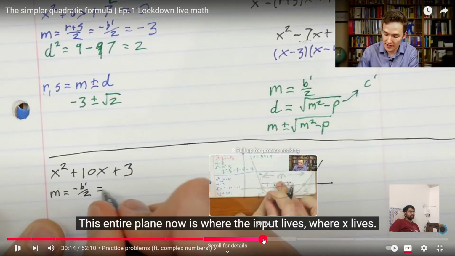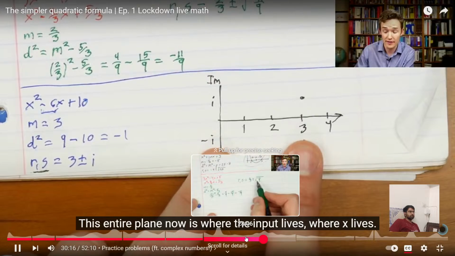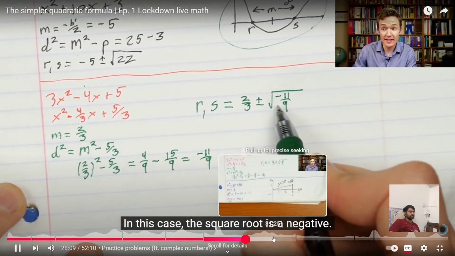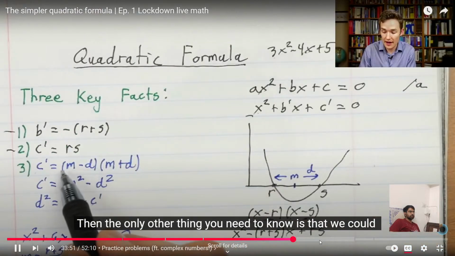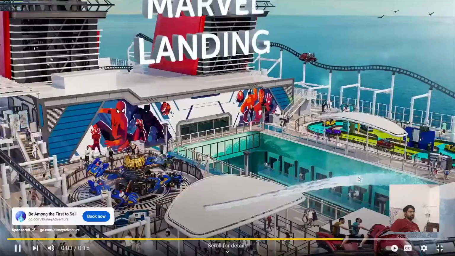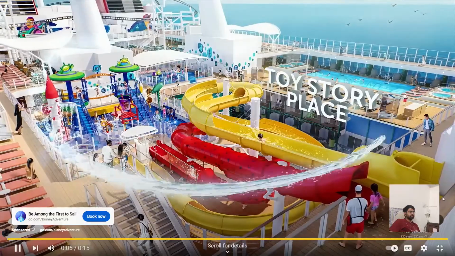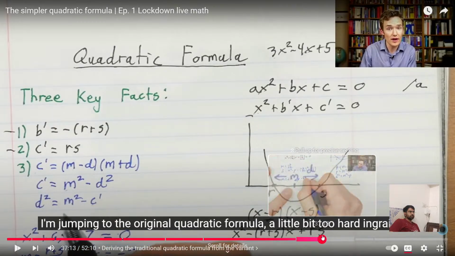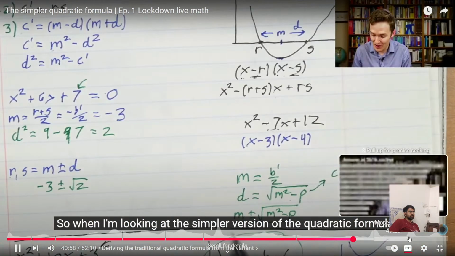In this context, that we're now is where the input lives, where x lives. If you were going to grind, okay, so that's fun. In this case, the square root is a negative that we could express that product of roots as a difference of squares. We have m plus or minus.